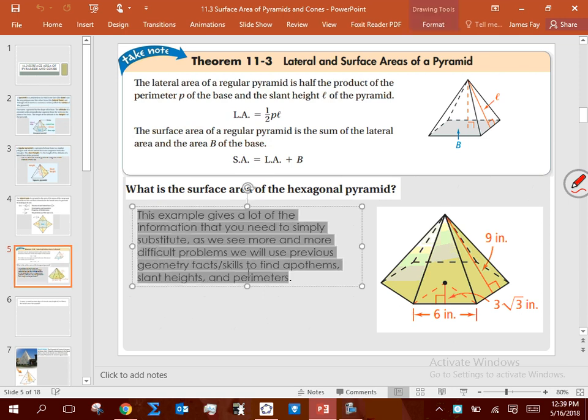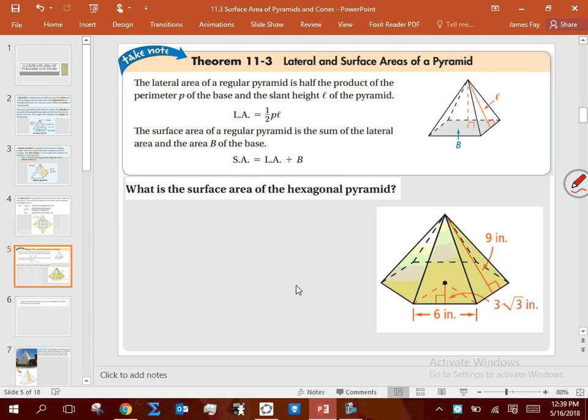As we read this, it says this example gives a lot of the information that you need to simply just pull it out of the picture, plug it into the formula. Okay. As the problems get more and more difficult, those values that we're just pulling out here become kind of implied values, and you've got to do maybe 1 or 2 or 3 kind of sub problems to generate them. Okay, so make sure that we're paying attention to that process.